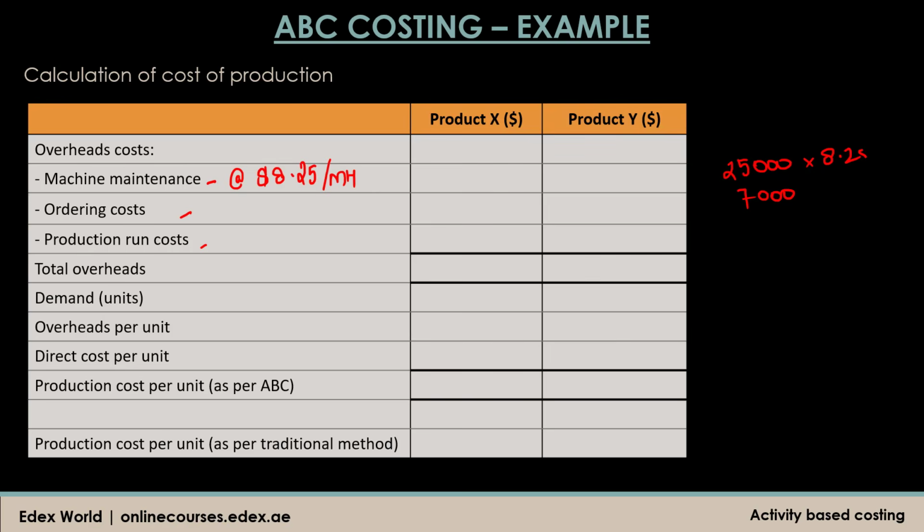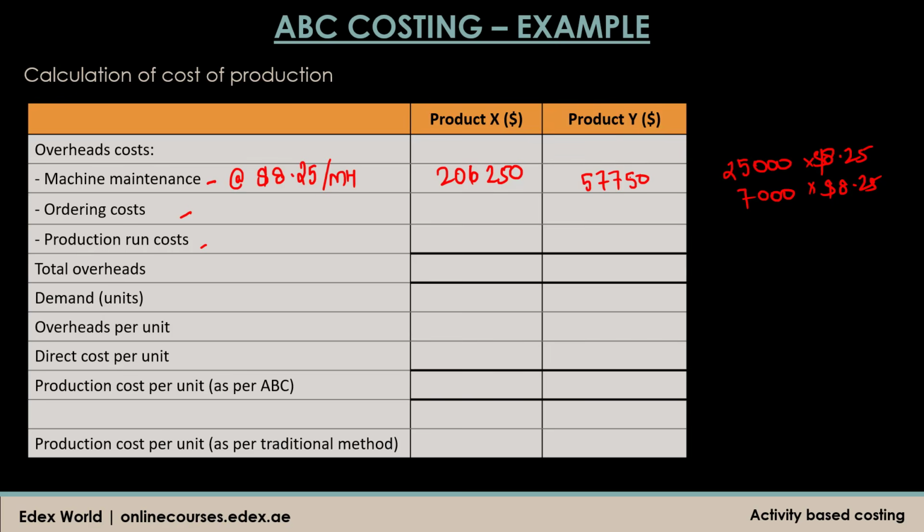So I'm going to multiply $8.25 here and here. So we'll get the overall machine maintenance cost individually for product X and product Y. For product X, it works out to 206,250, and for product Y, it works out to 57,750. If you calculate the total, it will be equal to the total machine maintenance cost, and that is obvious.